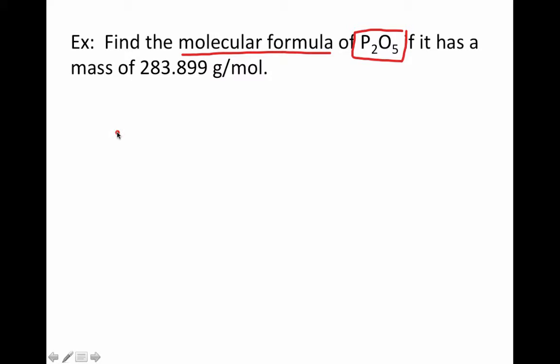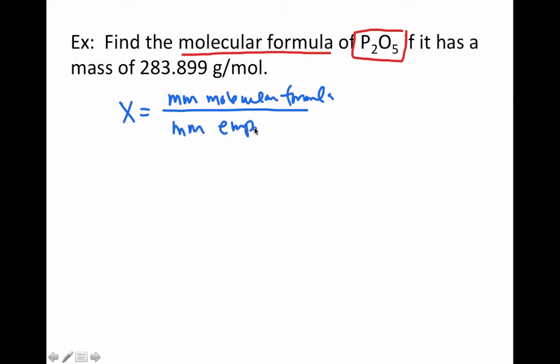So we are going to do our x equals the molar mass of the molecular formula divided by the molar mass of the empirical formula.